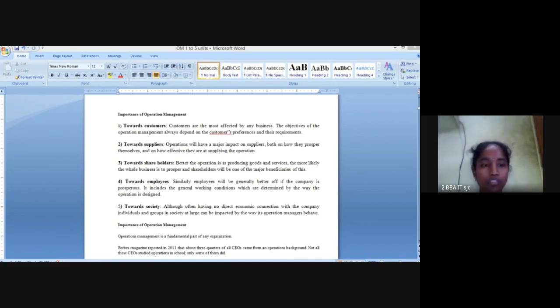Okay. This is about the importance of operations management. Operations management is important towards employees, towards customers, towards suppliers, and towards shareholders.